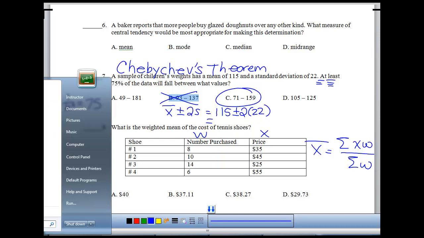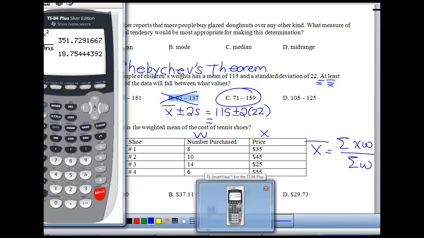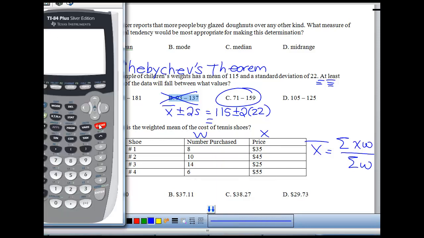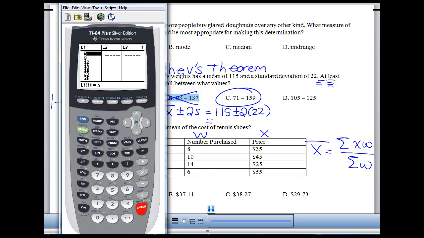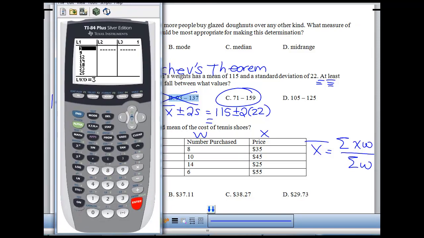Where's my calculator? Here it is. What I would do is put these numbers in my list. Stat, edit. Sorry, I've got to put them in the list first. It doesn't really matter which list they go in.